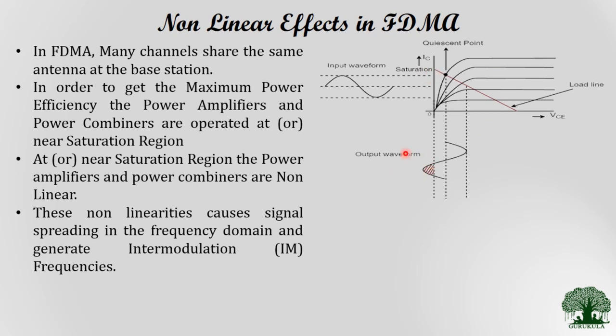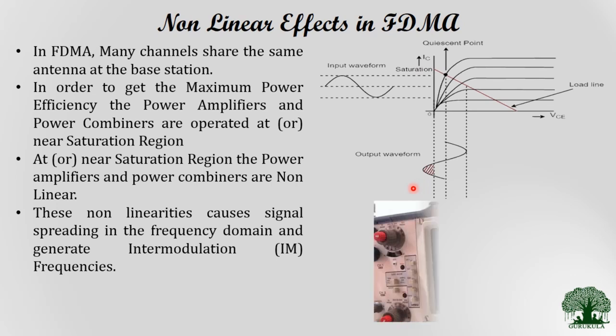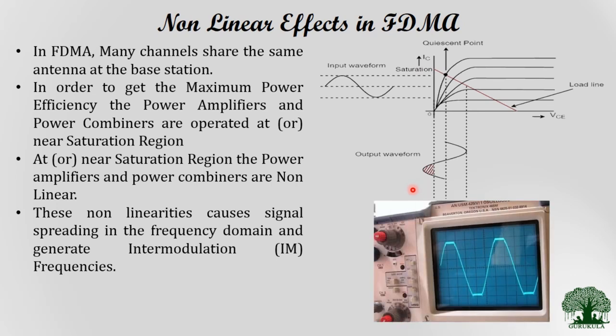This creates a nonlinear effect, and because of it the signal will get spread. This spread signal will obviously cause interference like this, and you can observe that the signal got spread over a particular region. That is how the practical situation can be seen.